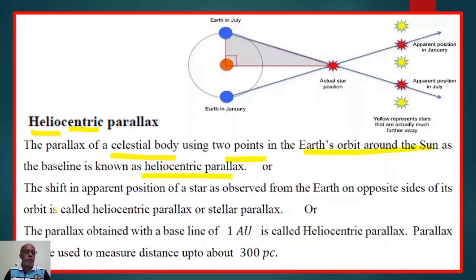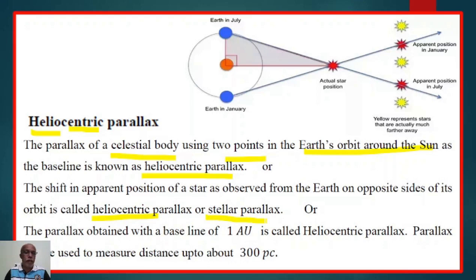Otherwise, it is the shift in the apparent position of a star as observed from the Earth on opposite sides of its orbit, and it is therefore called heliocentric parallax, otherwise known as stellar parallax.